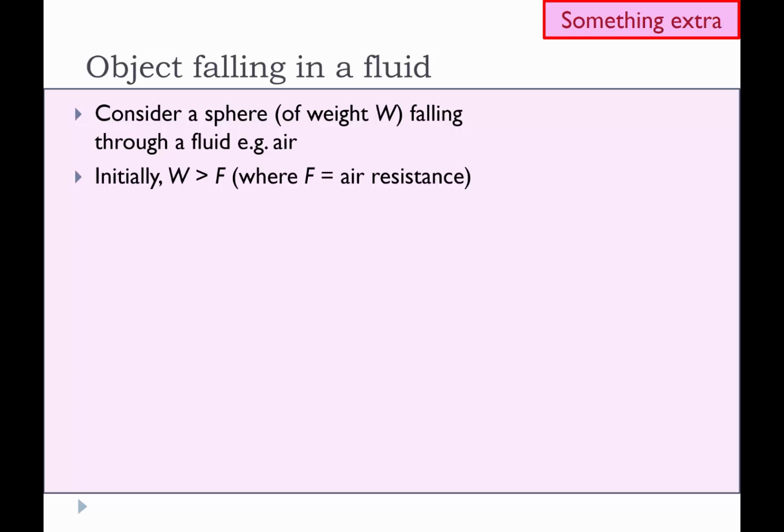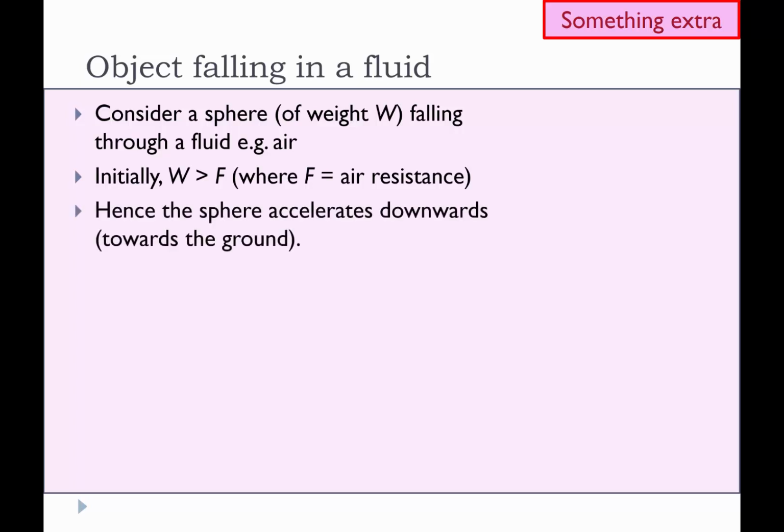In fact, if I drop the sphere from rest, initially the air resistance will be zero, because we mentioned that viscous force is zero when the object is stationary. So the net force acting on the object would just be the weight, and the sphere would naturally accelerate downwards because there is a net force downwards, weight minus air resistance.